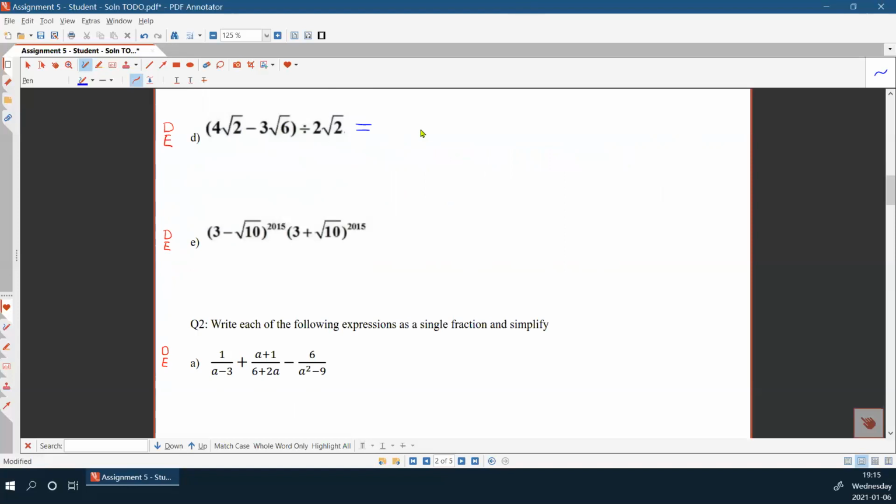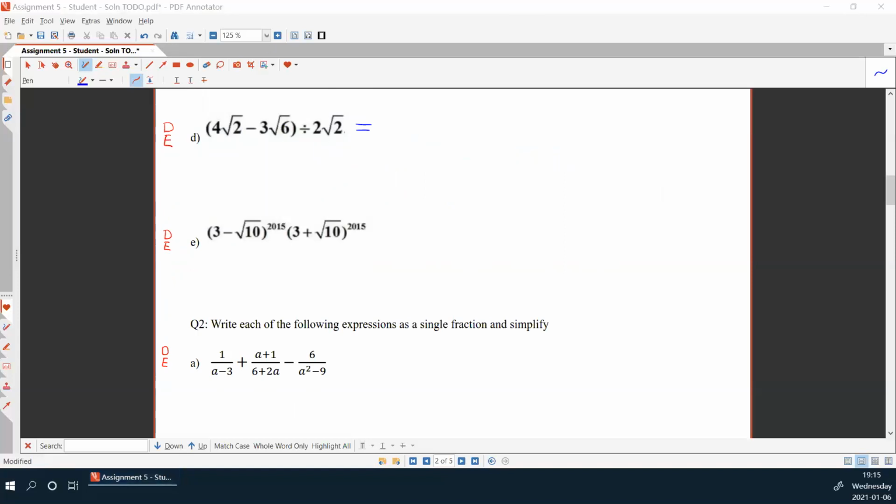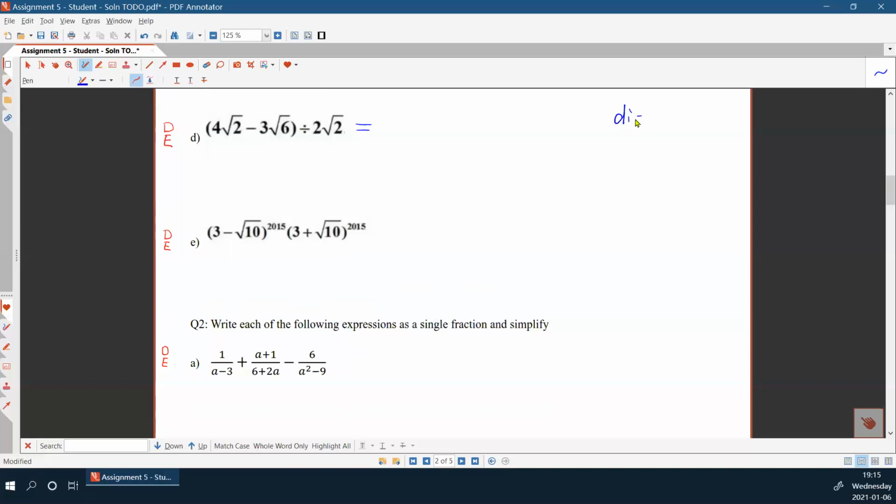None of you have done this correct. So let's see what happened there. Okay, this is actually checking your knowledge of the distributive laws. So the original expression is actually 4 times square root of 2 minus 3 times square root of 6.